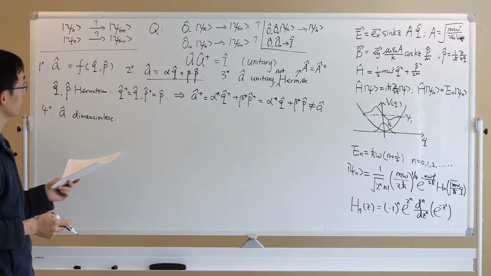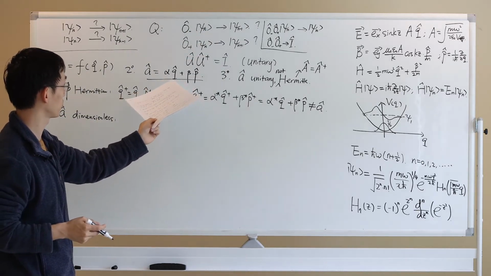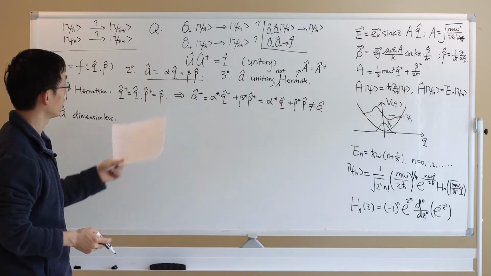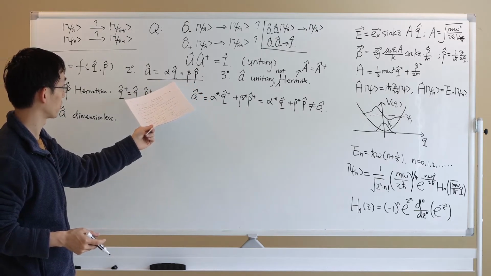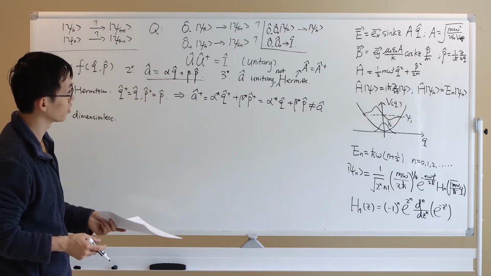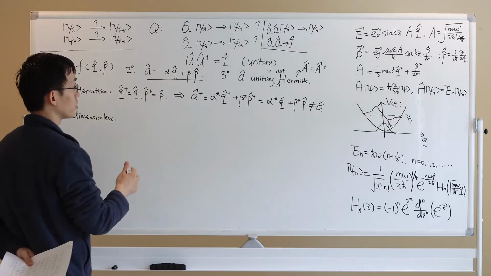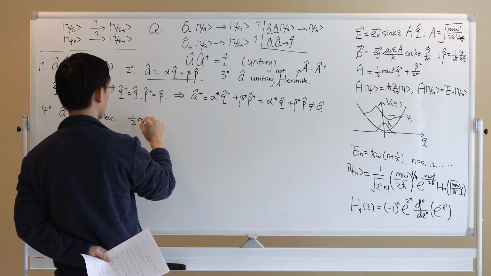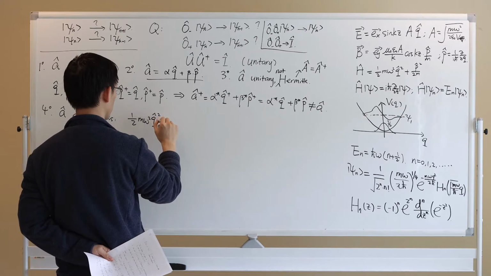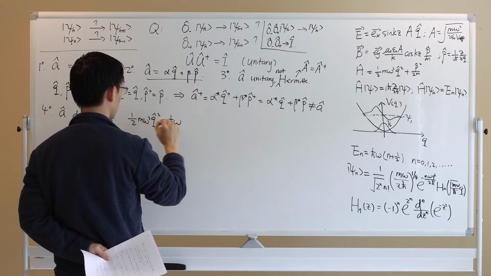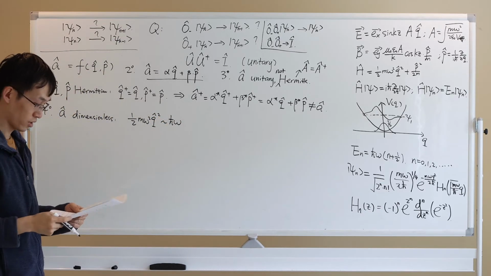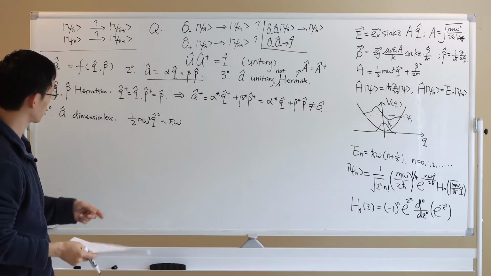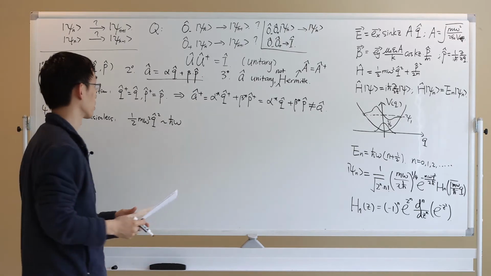And to do that, you have to normalize Q and P, because Q and P have different dimensions. This is position, this is momentum. So one way to do that is we know that M omega square Q square has a dimension of energy, and energy has a dimension of h bar omega.